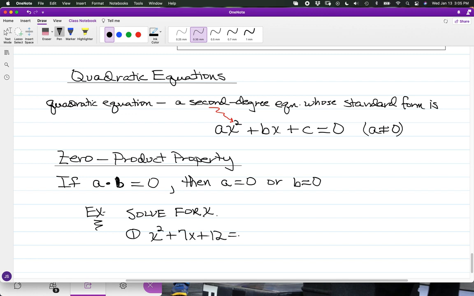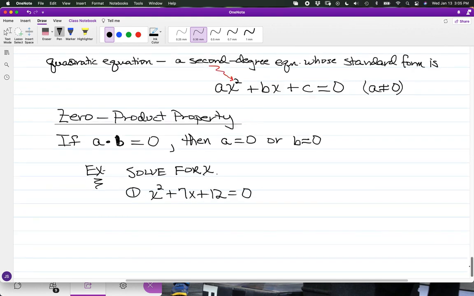Let's say we have x squared plus 7x plus 12 is equal to 0. Just looking at what we have here, you're looking at the values of x such that x squared plus 7x plus 12 is equal to 0.